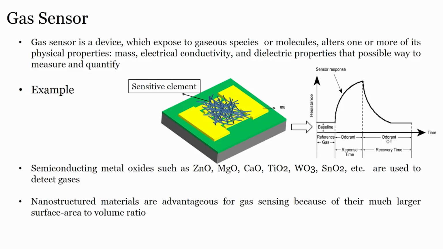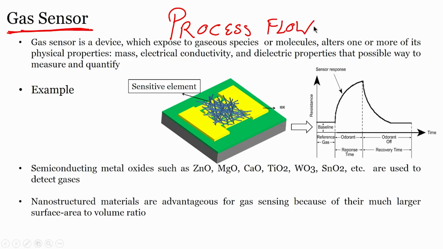This is an example. When we are already making a sensor, let us also understand what is the use of this particular sensor. So, we are now designing a gas sensor with a process flow that will help us to understand how we can fabricate MOSFET.